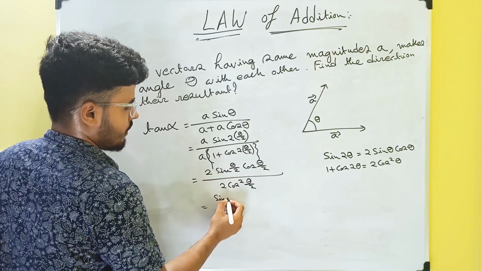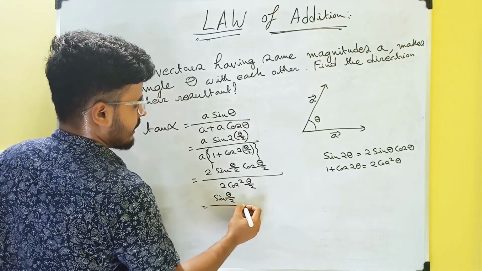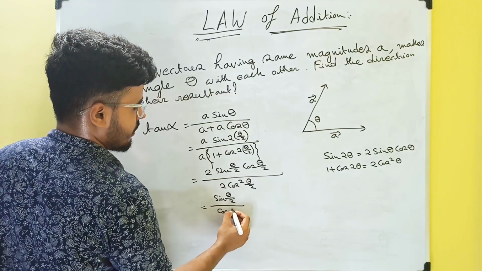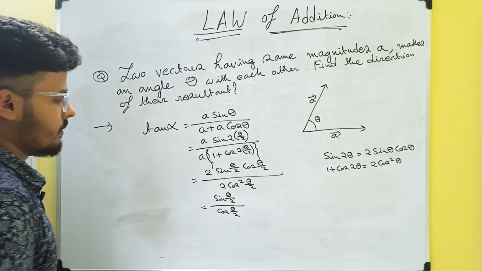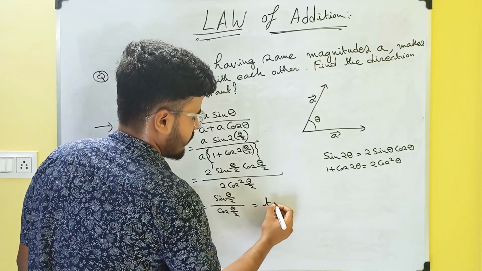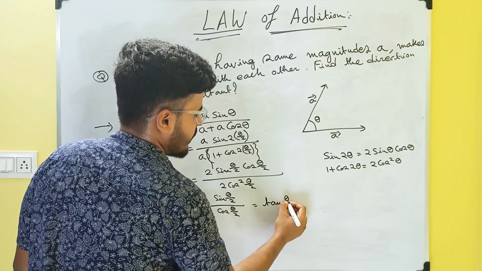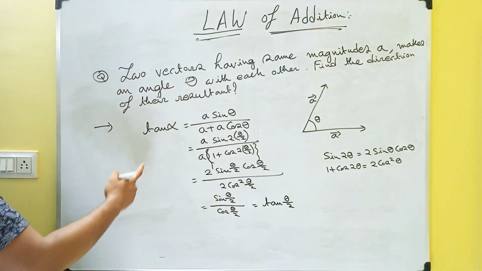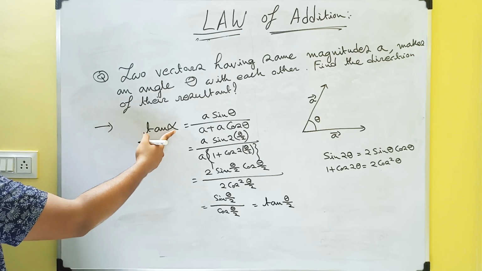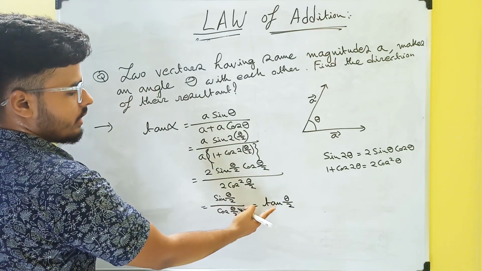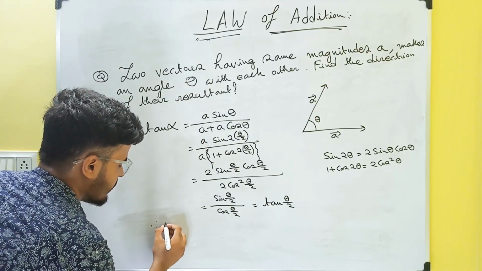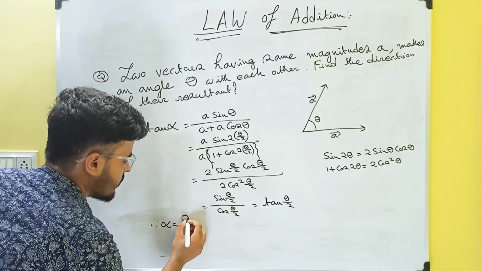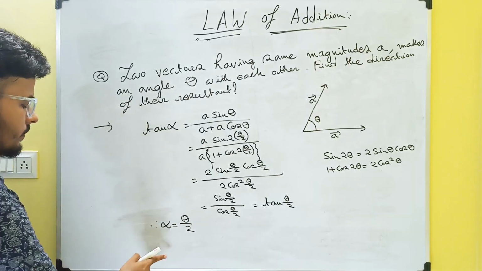From that we will have left sine theta by 2, and in the denominator we will have cos theta by 2, right? And from here we will have tan theta by 2. We started from tan alpha, and in the end we have tan theta by 2. From here we can say alpha equals theta by 2.